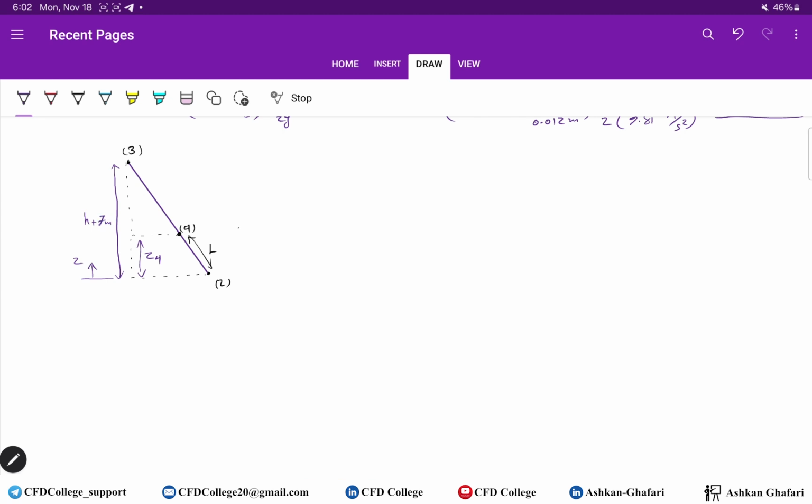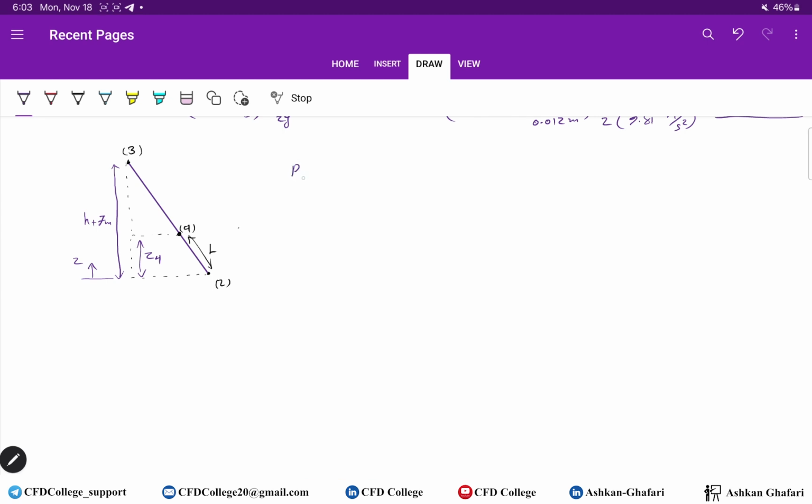Okay, so we want to check the minimum pressure. Actually, we want to see if the minimum pressure occurs at point 3 or not. So let's write down the energy equation between point 4 and point 2.